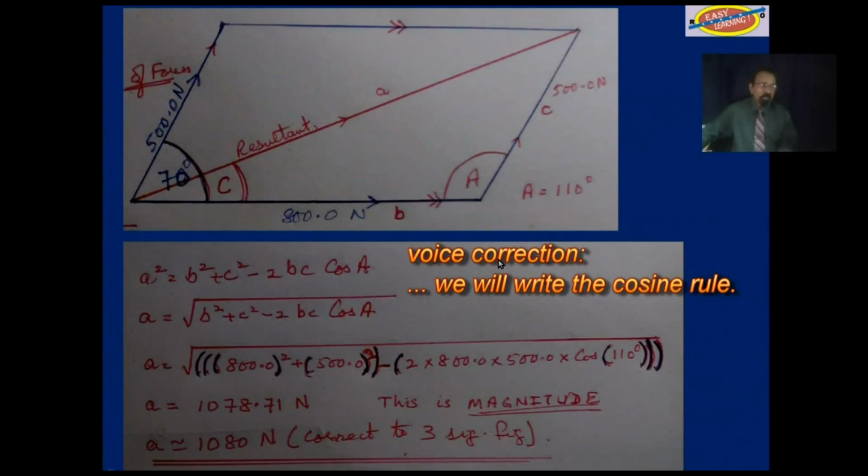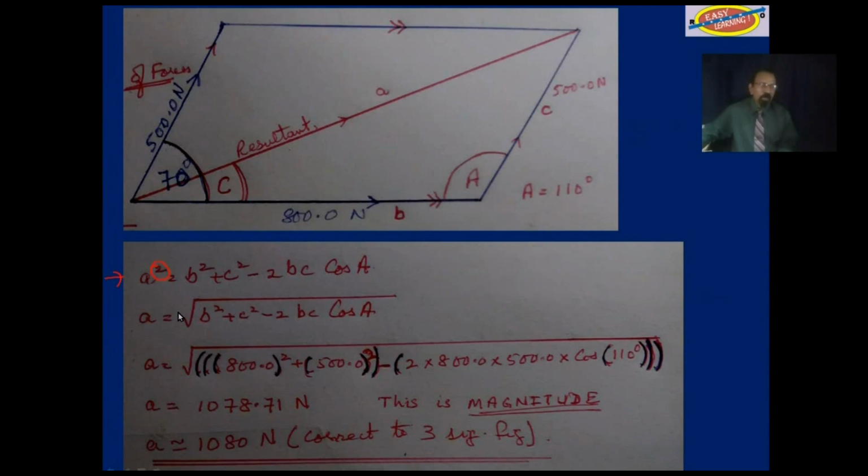Next, we will write the cosine rule, which is a squared is equal to b squared plus c squared minus 2bc cosine A. We remove the square from here and make it square root. And now we have to be careful with the brackets, but I will talk about that in more detail later on.